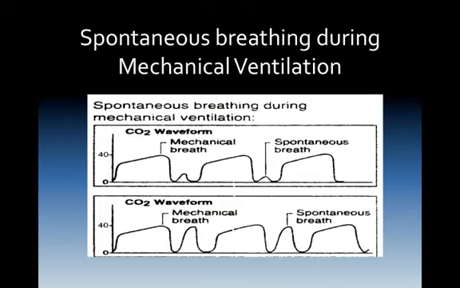Spontaneous breathing occurring during mechanical ventilation. This looks like little giblets in between the two capnographic waveforms. So we have waveforms here, and then all of a sudden we will have little spontaneous breaths in between. They can become more prominent. A decision needs to be made. If we want the patient to come out and breathe on their own, that is fine. Be sure that the patient is getting good ventilations.